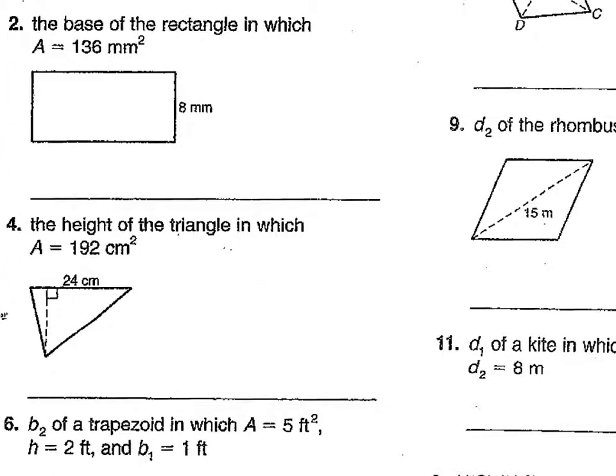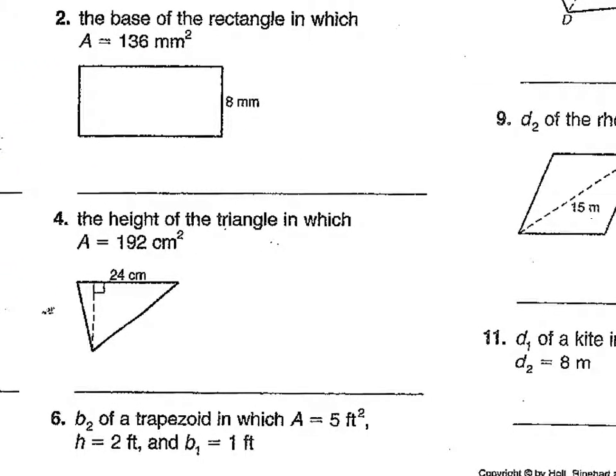Number 2, they want you to get the base, and they're giving you the area. They're also giving you the height. So in number 2, it's always a good idea to first write the formula. It's a rectangle, so it's base times height. So the area given is 136 square millimeters.